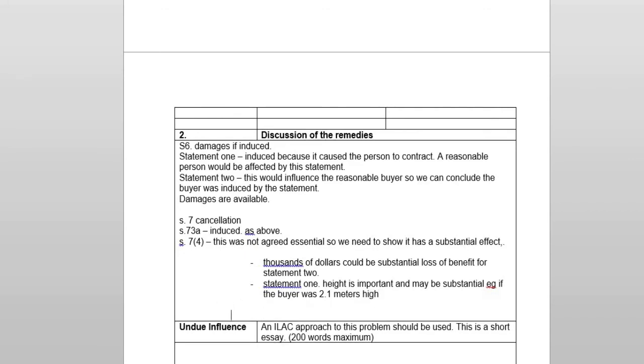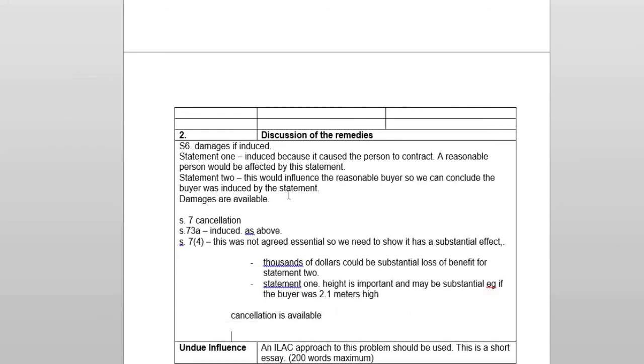So cancellation's available. Now what you want to also be doing here is to say the effect on your business. Is this a substantial effect? Is this risk important to your business? And that's just you concluding as to how important you think these issues are.